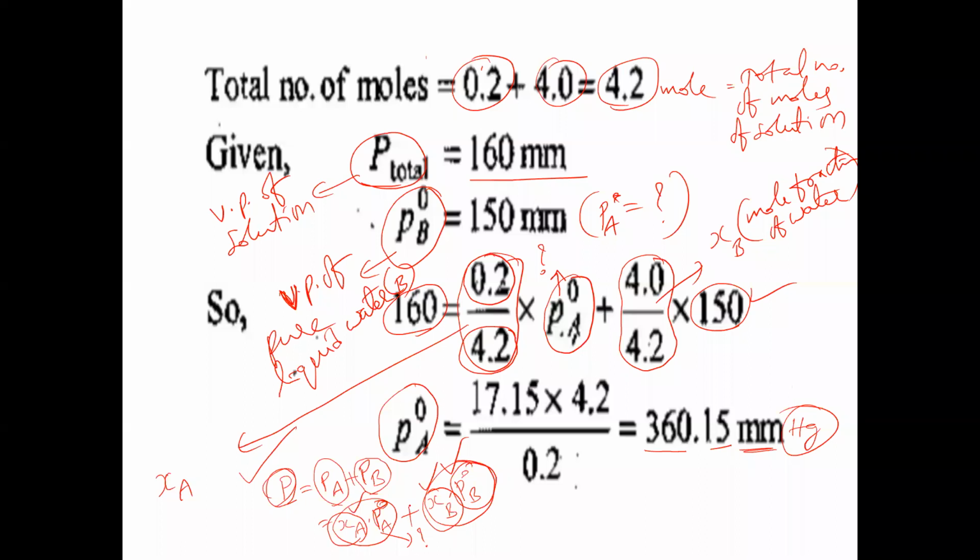Some examples I have discussed with you. You have to go through different problems based on the vapor pressure of liquids, that is Raoult's law. The vapor pressure of solutions of liquids in liquids is based on the Raoult's law concept. Based on that, go through the numerical problems in some material.